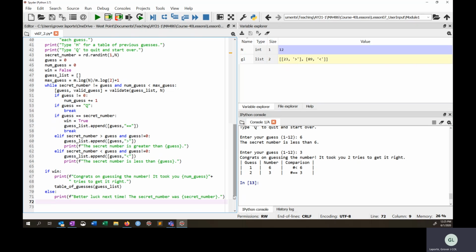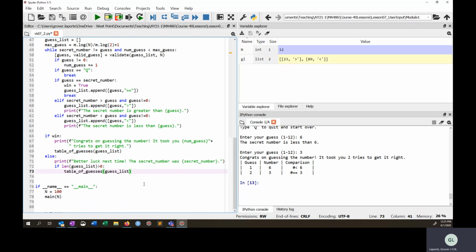And then, okay, so let's check if length of guess list. Just in case someone hits quit right at the beginning, I don't want to print out an empty table. So table of guesses.